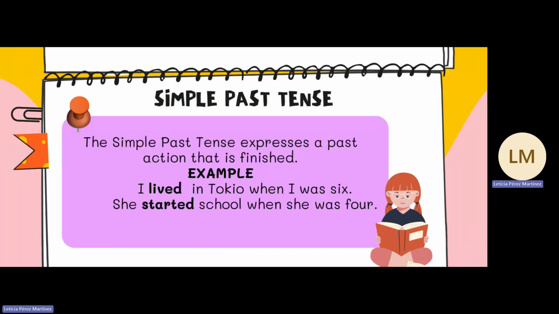For example, the first one is, I lived in Tokyo when I was 6. The second one, she started school when she was 4. So, as I told you, later I'm going to explain the rules for how we have to pronounce these regular verbs. Okay?